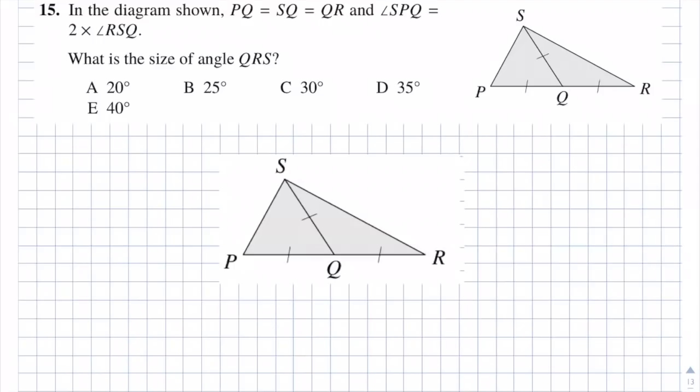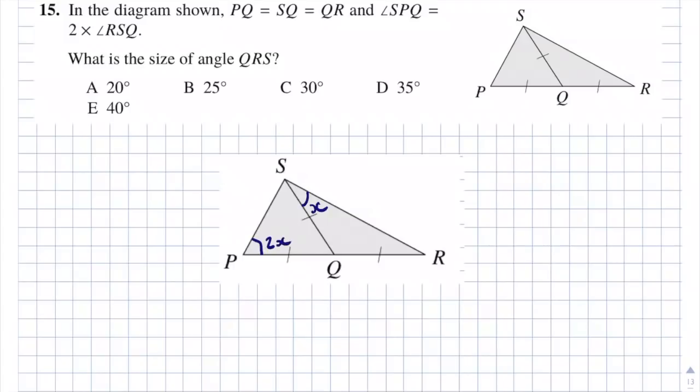Okay, so what we've got here is we've got two triangles, SPQ and QRS, which are two isosceles triangles. Okay, and we're told SPQ, which is this angle, is equal to 2 times RSQ. So RSQ is this angle. So we say RSQ has a size of angle x, then we can say that angle SPQ has a size of angle 2x.